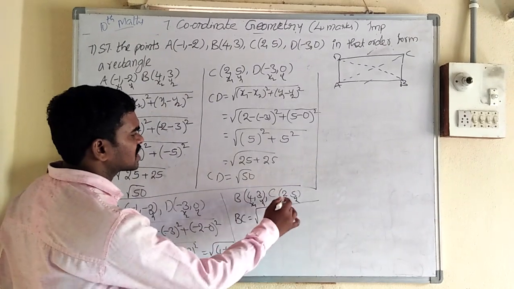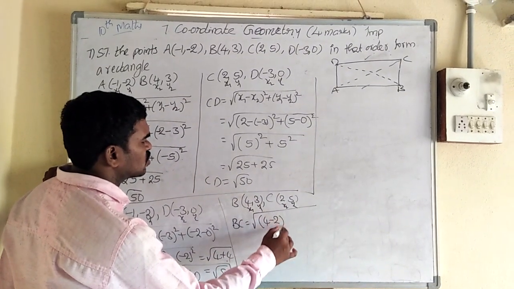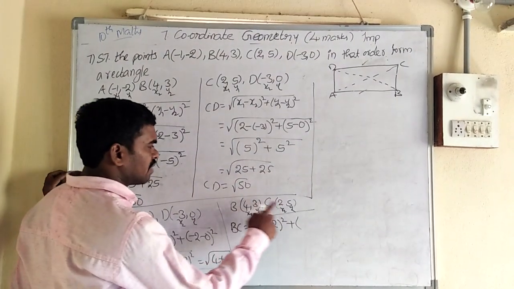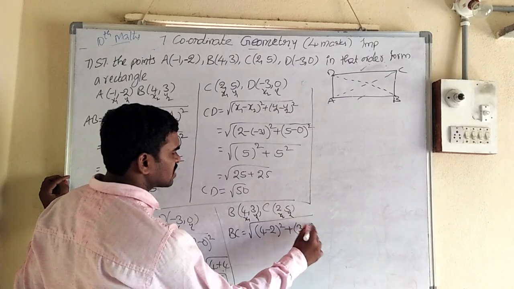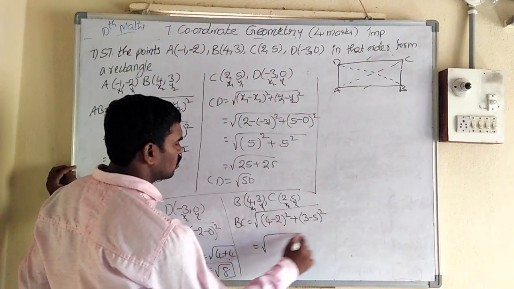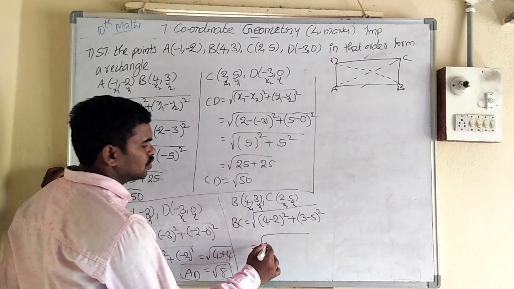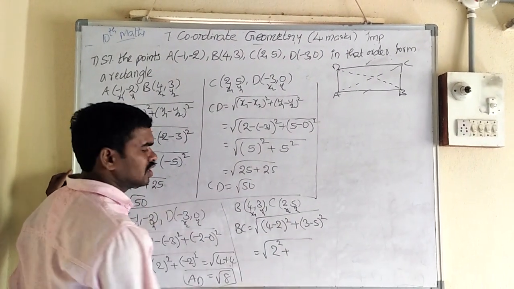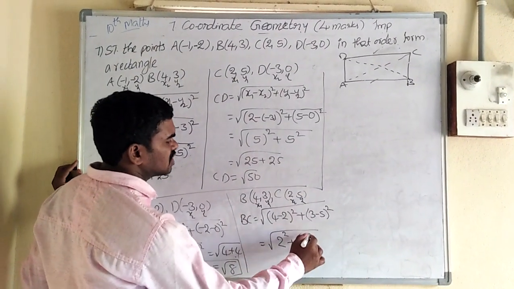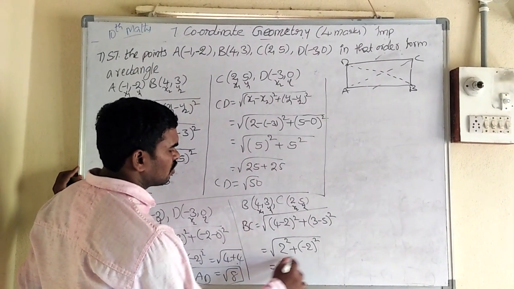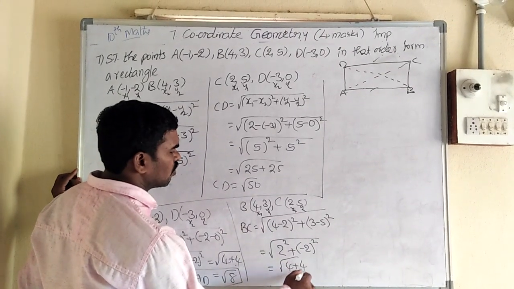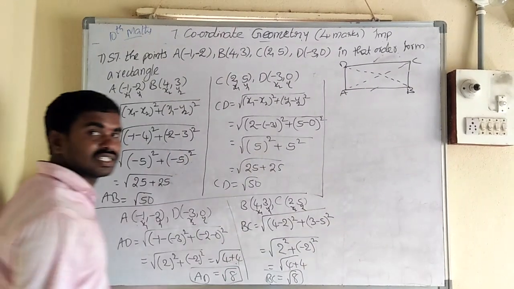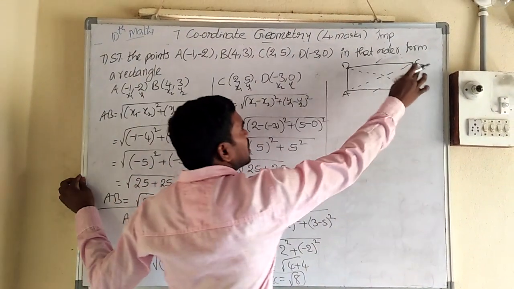Formula is what? x1 minus x2 whole square, means 4 minus 2 whole square, plus y1 minus y2 whole square, means 3 minus 5 whole square. So root of 4 minus 2, 2, having square. Next plus 3 minus 5 how much? Minus 2, having square. So 2 square, 4. Minus 2 whole square, 4. Root 4 plus 4, root 8. So BC also root 8. So we got it. These two also equal.